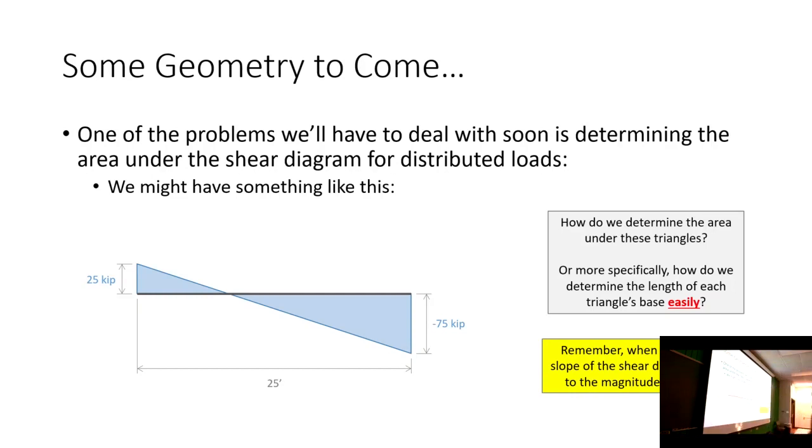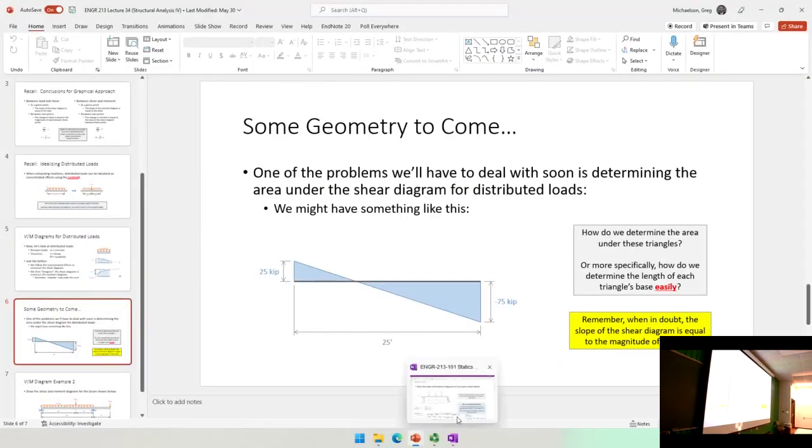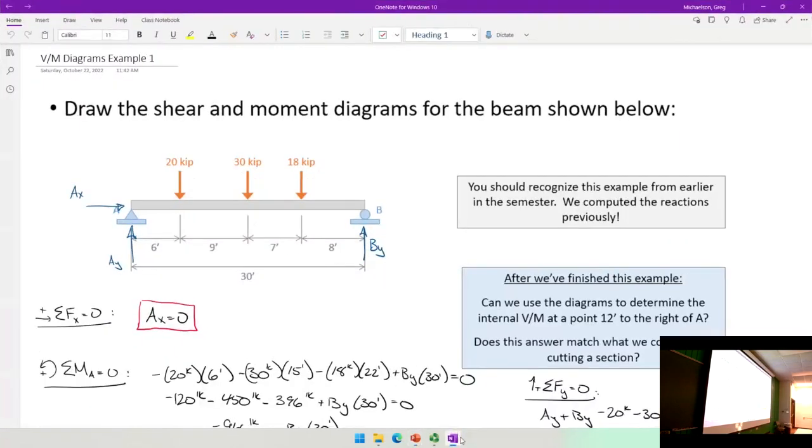But then you actually start getting to the construction of your shear and moment diagrams, and you have these geometry problems that you need to solve, and it's like, wait, it's been a while since I've done a lot of stuff like this. So I kind of want to take a step off to the side and just look at the geometry, okay? Because I guarantee you we're going to have a problem that looks like this very soon, okay?